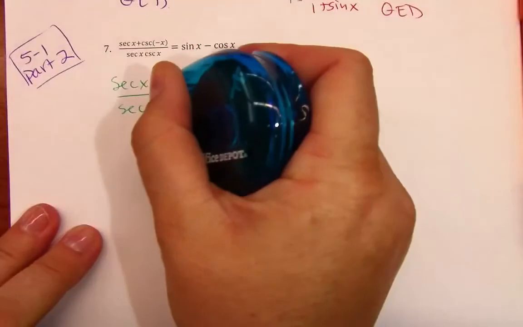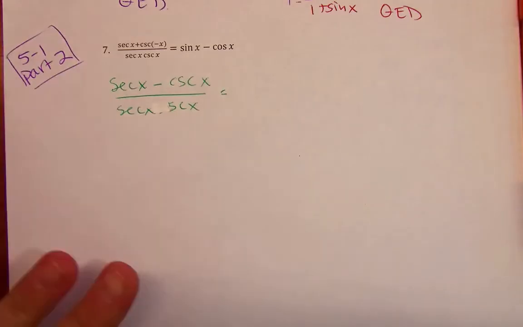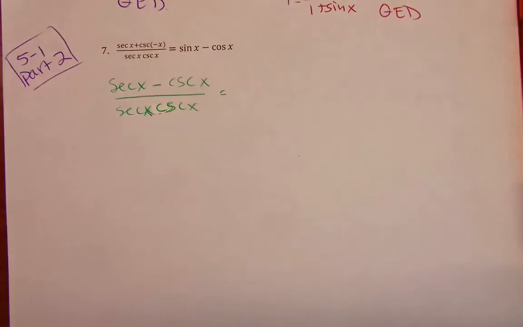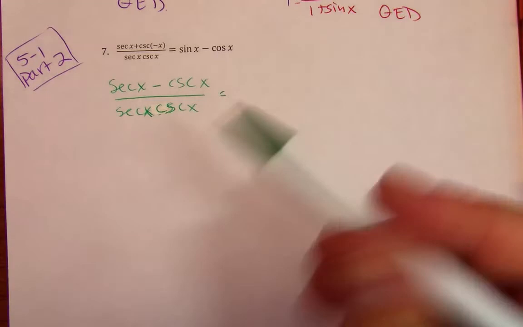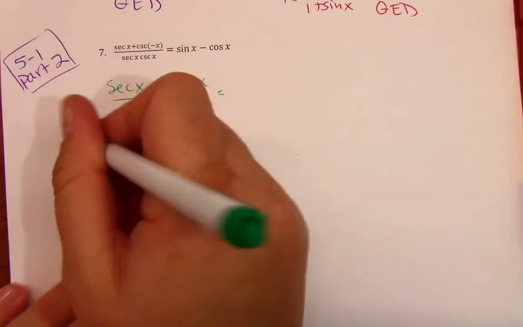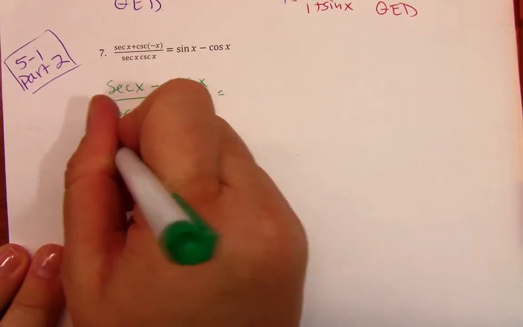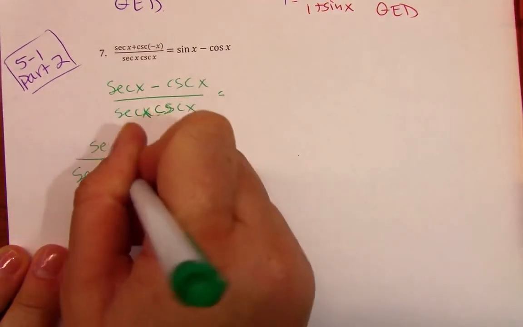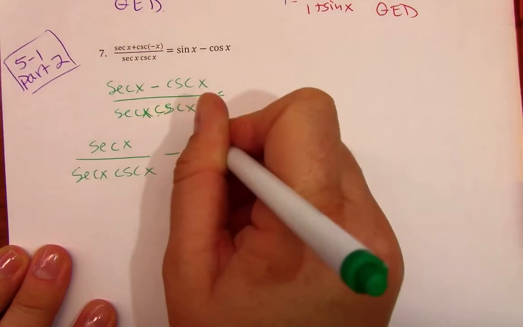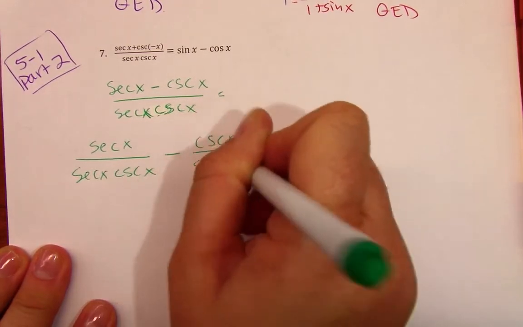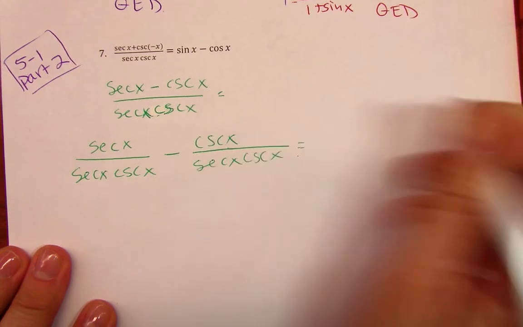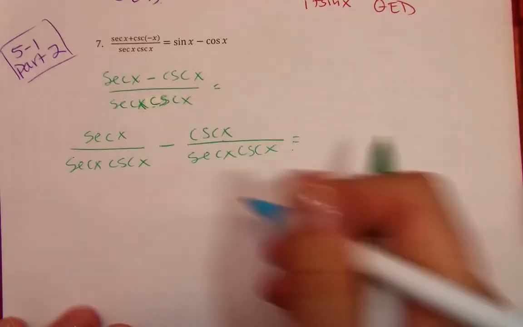I'm actually going to fix that C. Okay, and so what I can do now is I can actually separate these into two fractions, and then I can look at what's able to be canceled out.